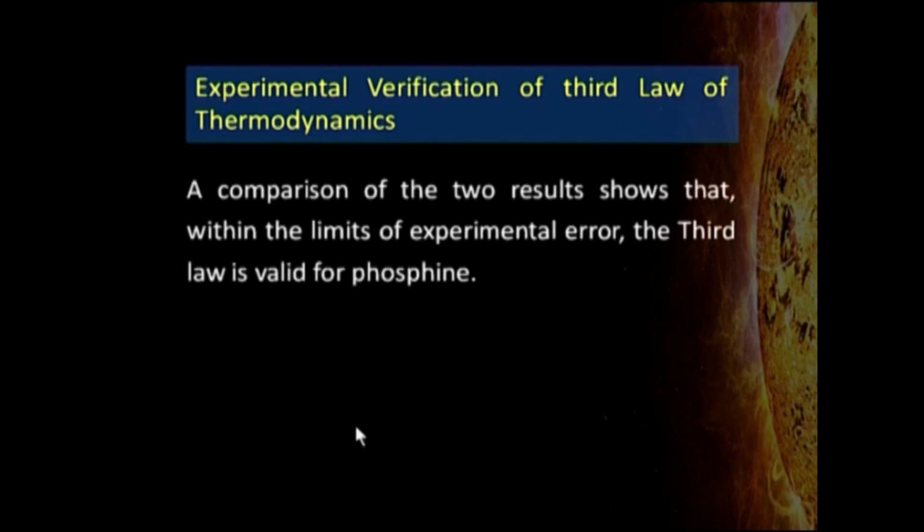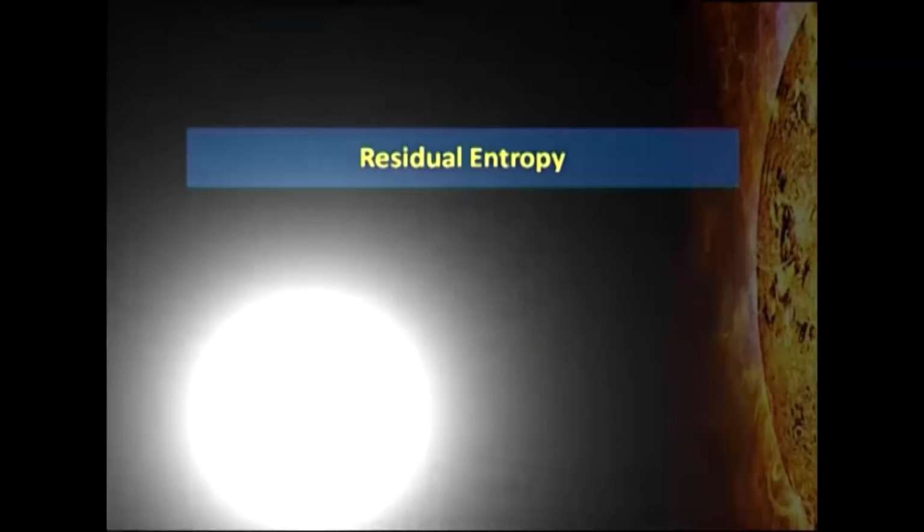A comparison of the two results shows that within the limits of experimental error, the third law is valid for phosphine. Now we are going to discuss residual entropy.